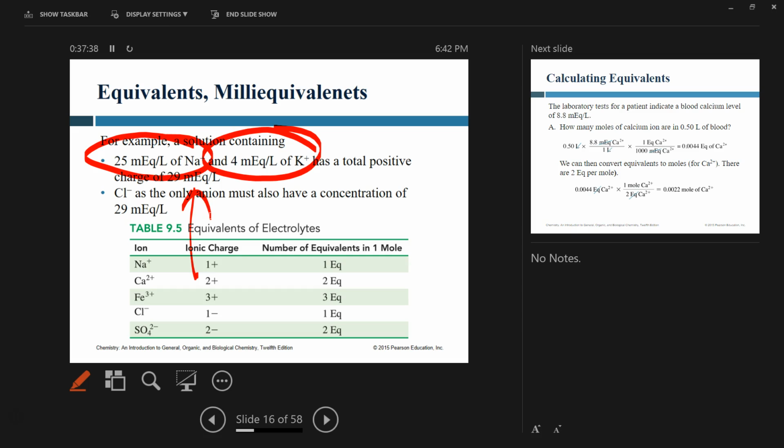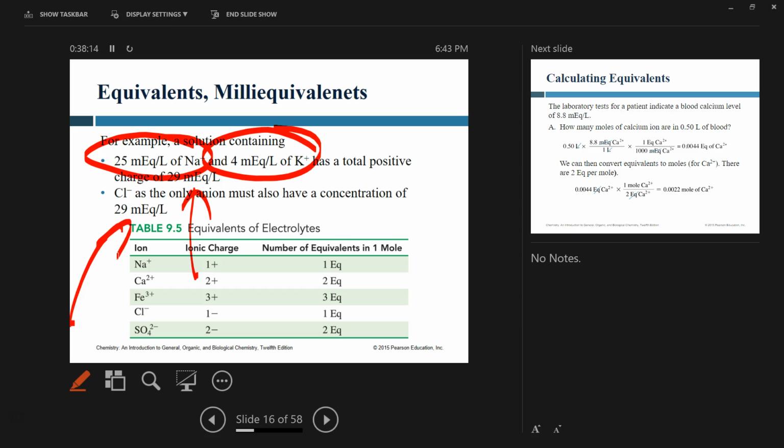Does that make sense? Meaning that 1 liter of your solution contains 29 milliequivalents positive. And it must contain the same amount of negative milliequivalents. You always have positive and negative charges balanced. Are we clear? We good?